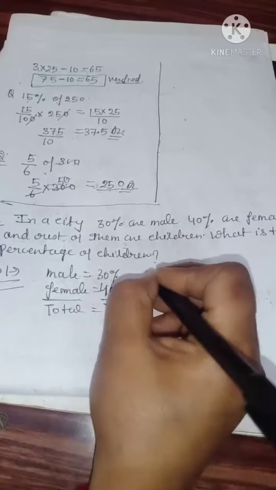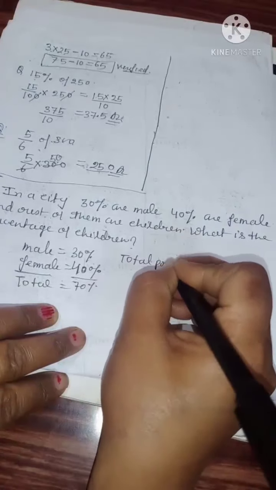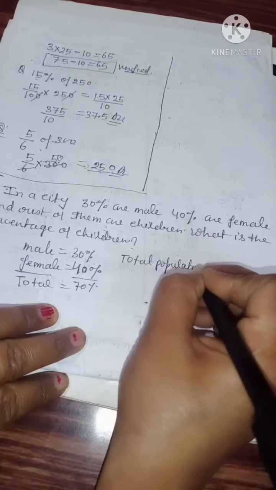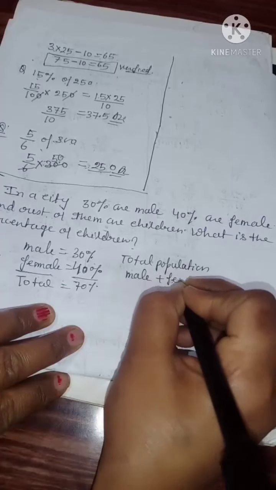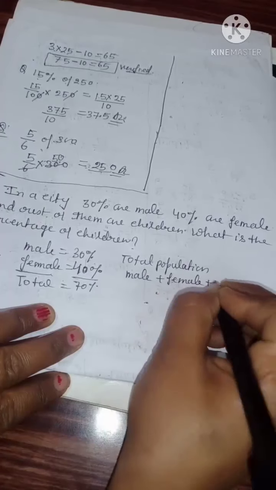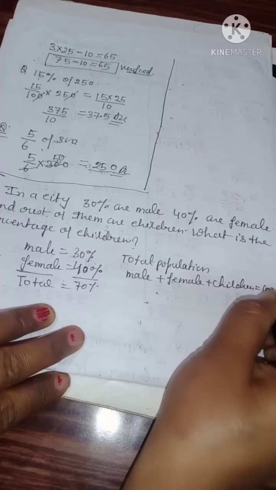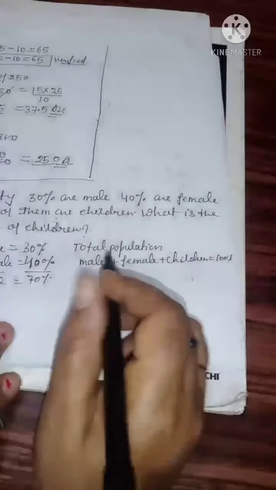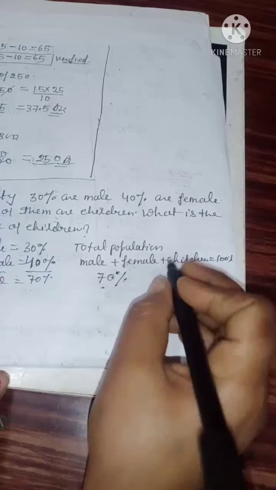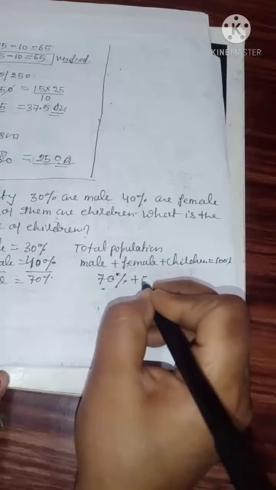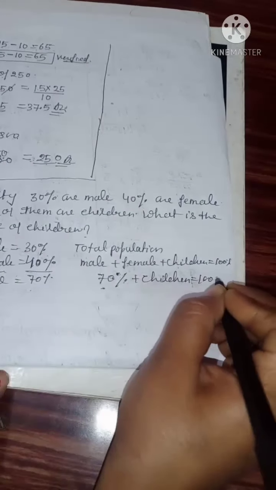Now see that, total population of the city means male plus female plus children will become the total 100% population of the city. Male plus female is given to you, 70%. Okay, and plus children will then become 100%.